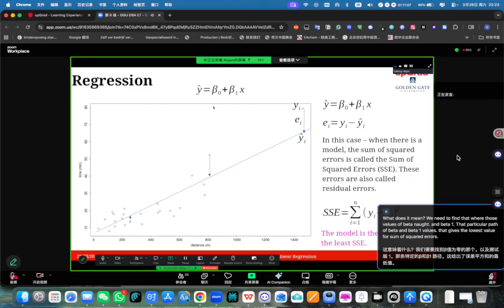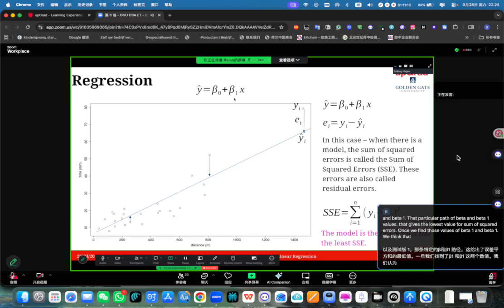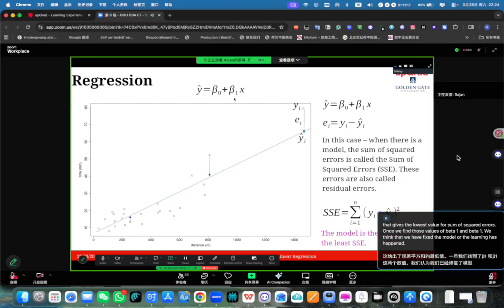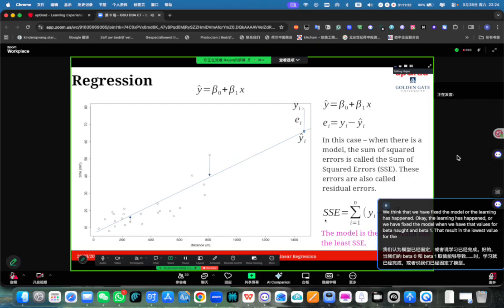Once we find those values, we say that we have fixed the model, or the learning has happened.